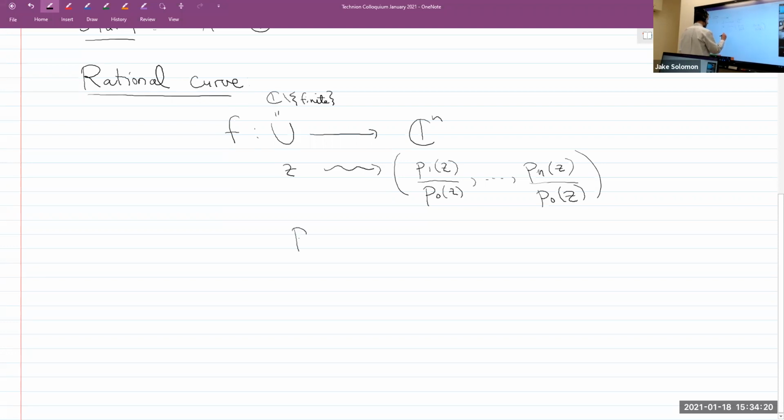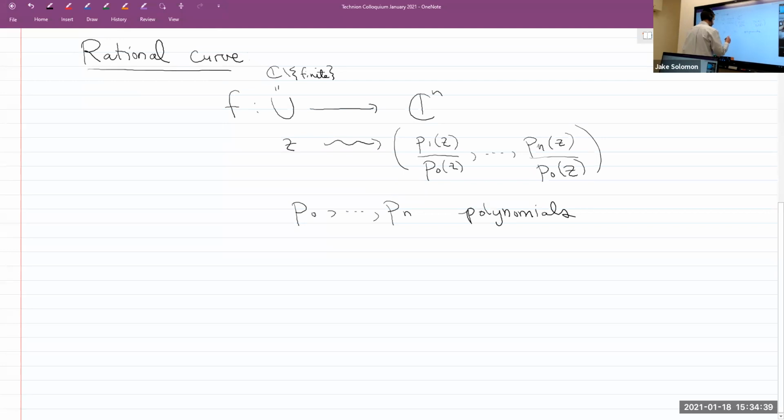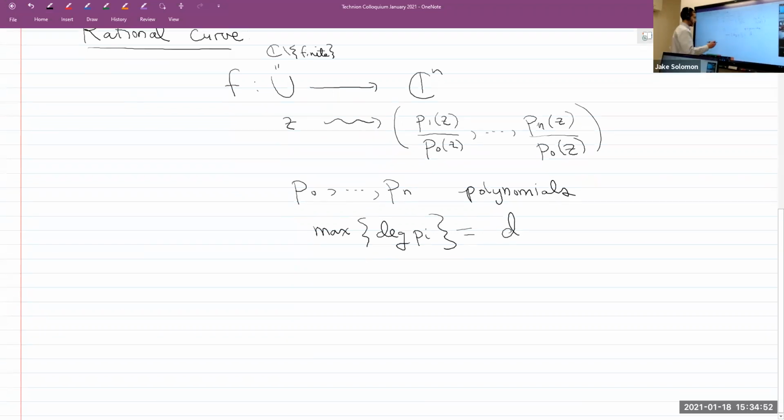And here P0 up to Pn are polynomials, and the maximum of the degrees of the Pi is equal to D. And let's assume they don't have any common factors.